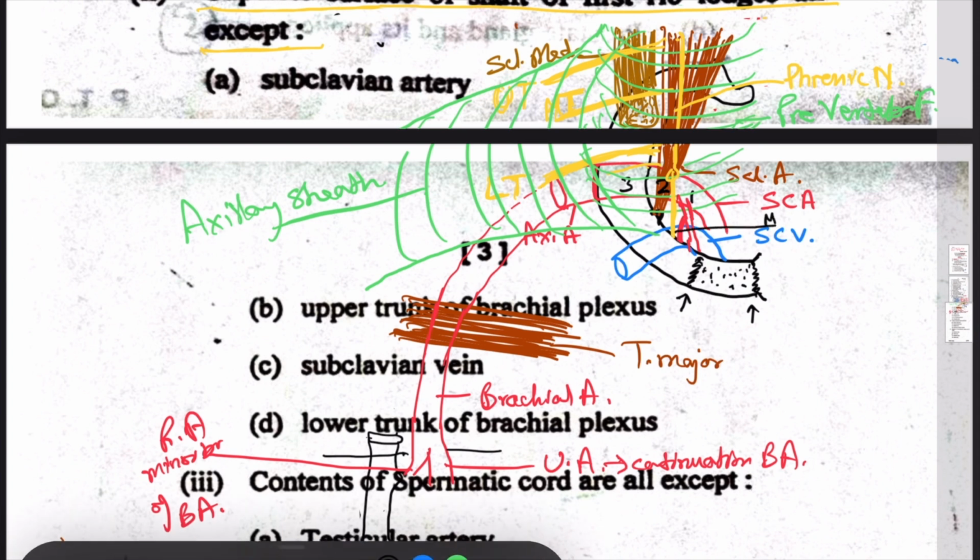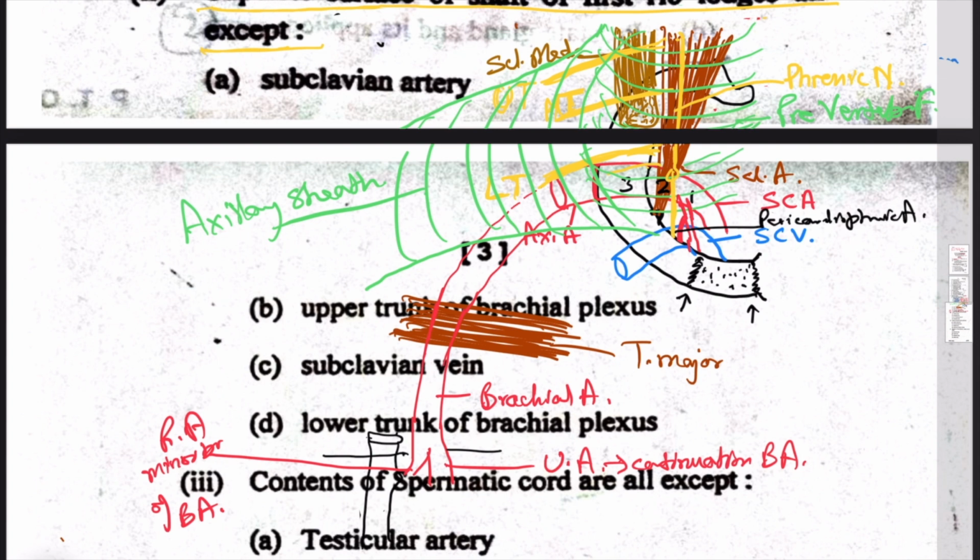This artery is the pericardiophrenic artery. Remember the phrenic nerve descends through the superior mediastinum and crosses it. Then does it run in the anterior, middle or posterior mediastinum?